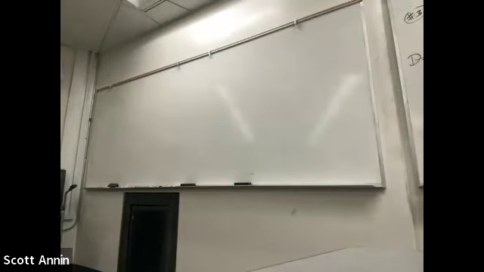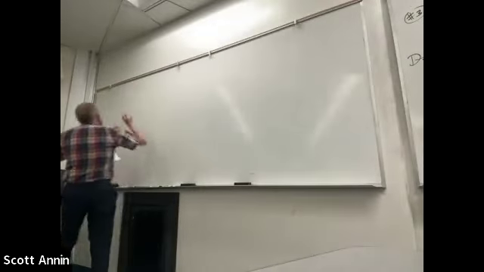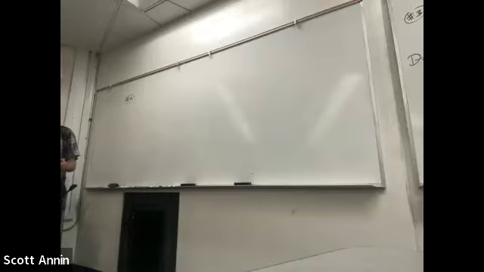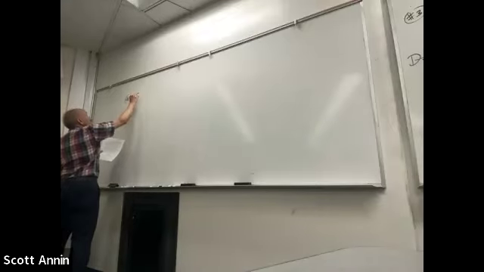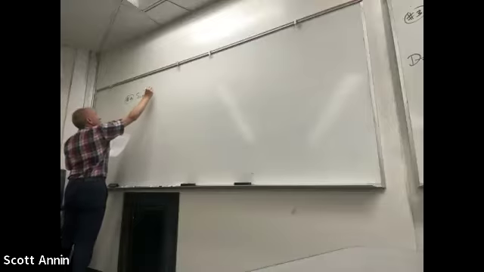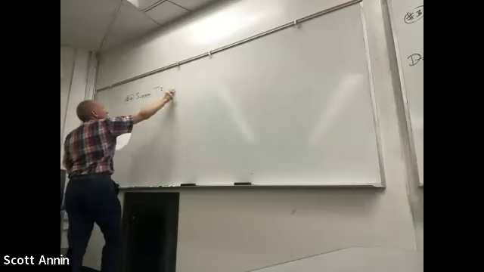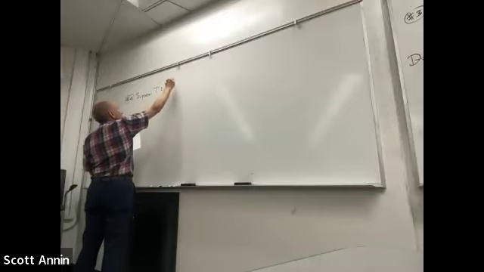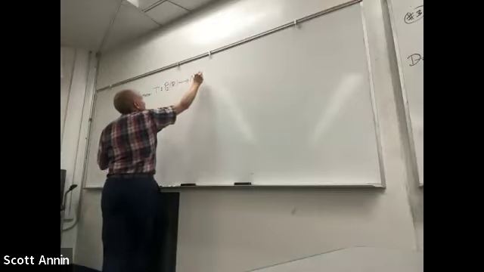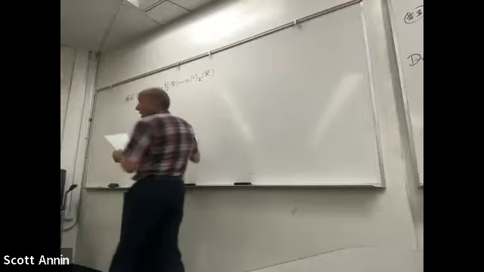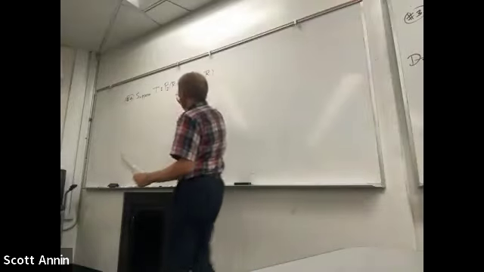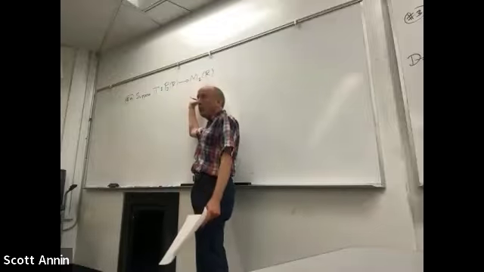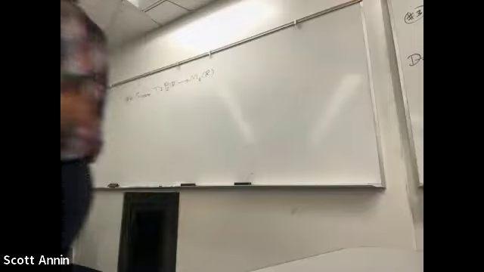Excuse me. Let me try this one. I'm going to call this number 4. Suppose that T is a function from P2 of R over to M2 of R. This means I'm going to plug in a quadratic polynomial and I'm going to spit out of the formula a 2 by 2 matrix, right?